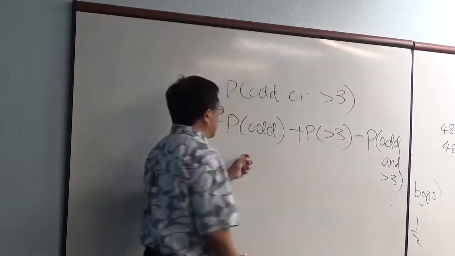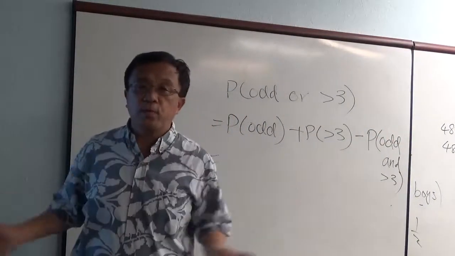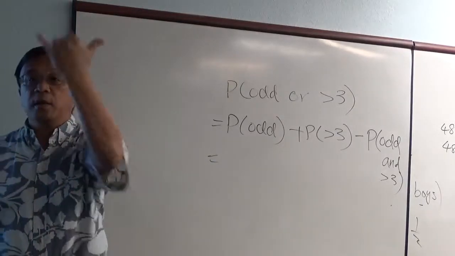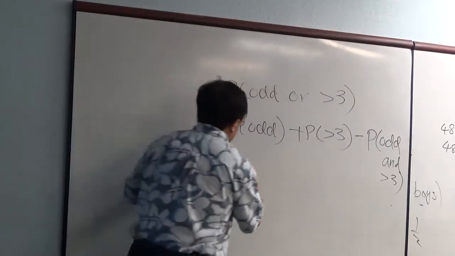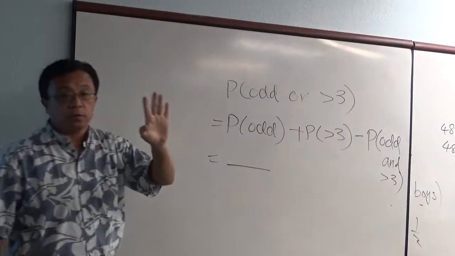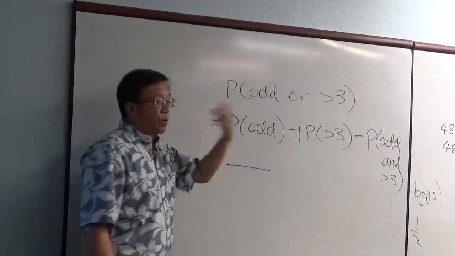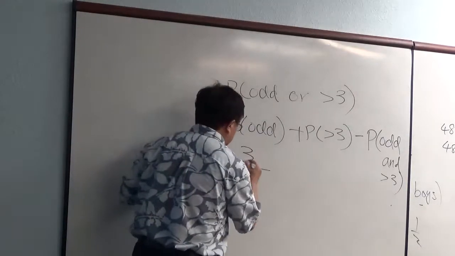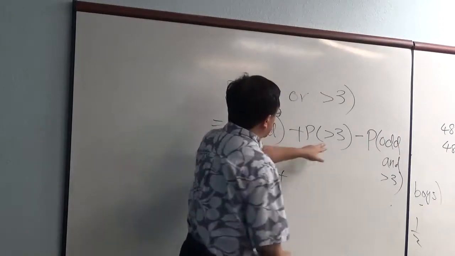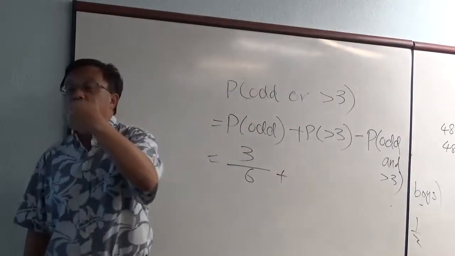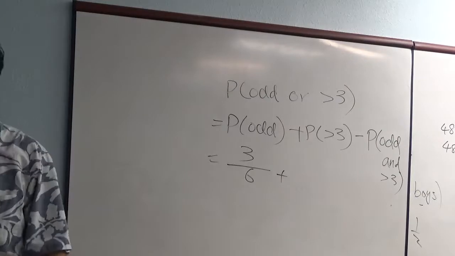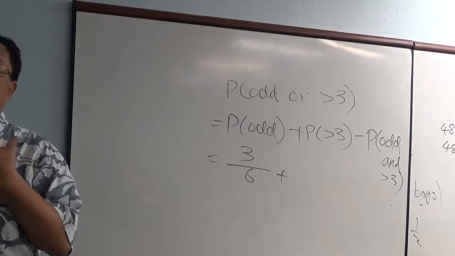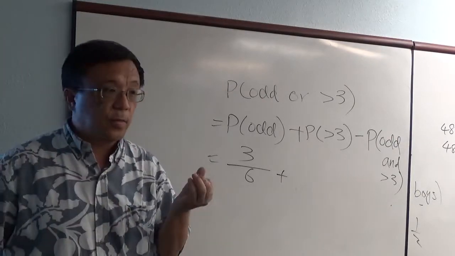So the odd number, what's the probability? What's the sample space if you roll a die? 6, right? 6 possible. So how many odd numbers? 1, 3, 5, right? So 3 out of 6. Plus the probability of you get a number which is greater than 3. Greater than 3 is what? 4, 5, 6.